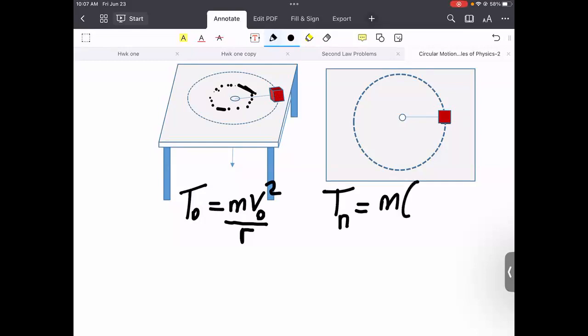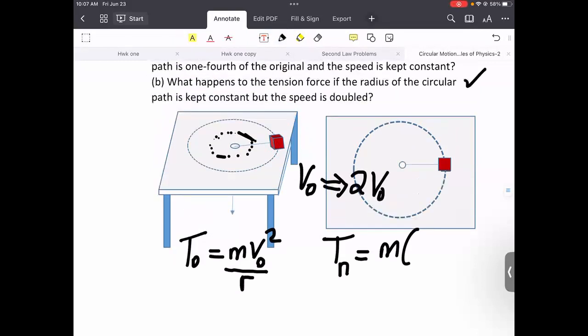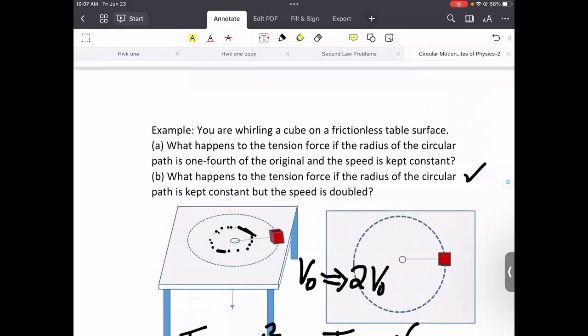Now, what will happen to v? The problem tells us that we're changing the speed to be now double, so 2v naught. Let's look at the problem again. They said, what happens to the tension force if the radius of the circular path is kept constant, but the speed is doubled?